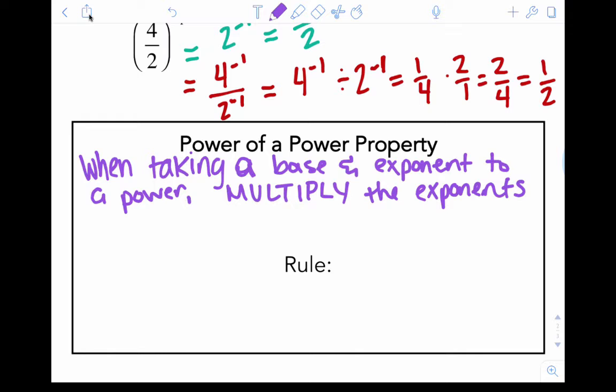So my rule looks like this. I have a base, I'm taking it to any exponent, and then that's inside parentheses, and I'm taking that whole thing to any exponent. Well, I'm going to take that base to those two exponents multiplied together. So a to the b, quantity to the c, equals a to the b times c.